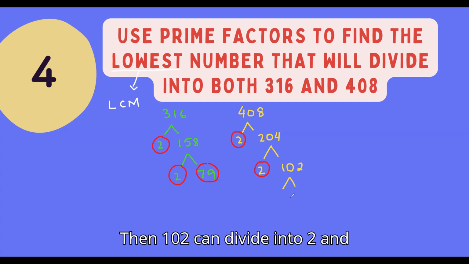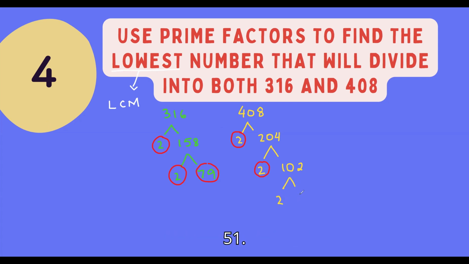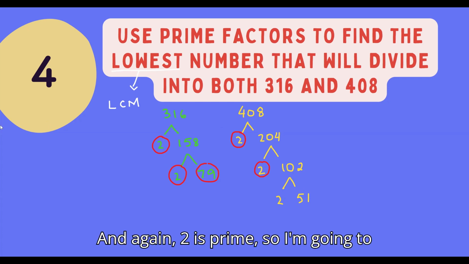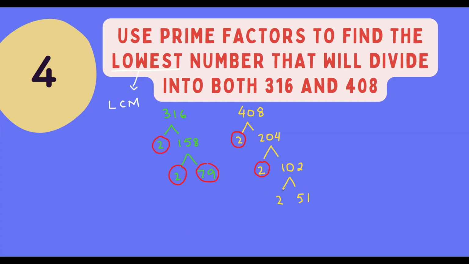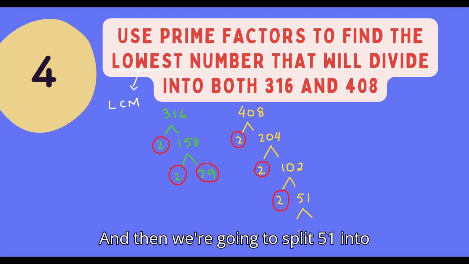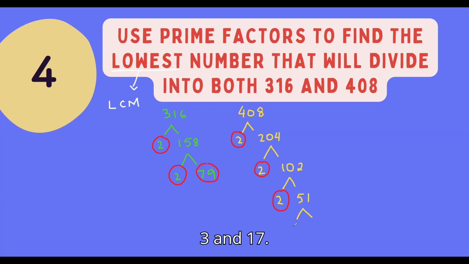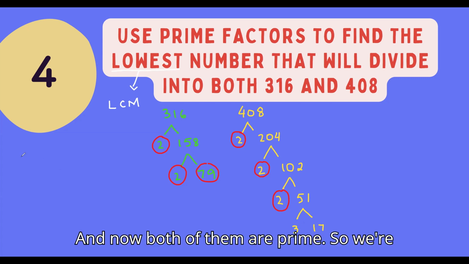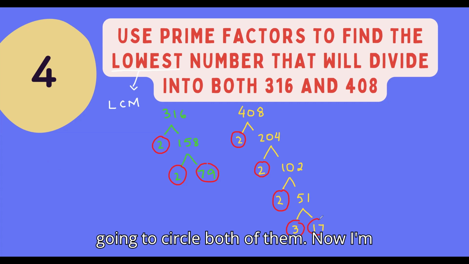Then 102 can divide into 2 and 51. And again, 2 is prime, so I'm going to circle 2. And then we're going to split 51 into 3 and 17. And now both of them are prime, so we're going to circle both of them.